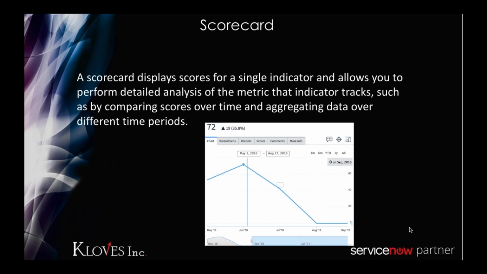After we set up an indicator, we can view our scorecard and look over time at our trending data as far as how many CIs were created at any given point in time. When I jump over to the actual instance, we'll see how these scorecards work and some of the functionality behind them.